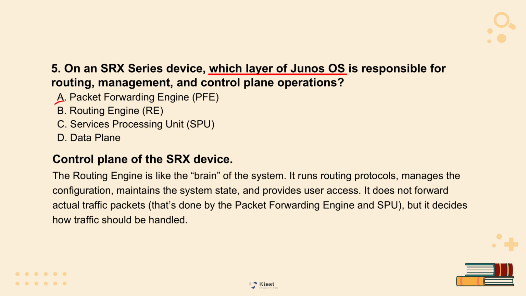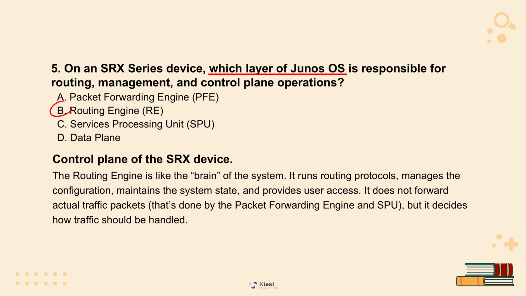Oh, it's absolutely fundamental for a few key reasons. One, performance. Like we said, the PFE and SPU can run flat out without being slowed down by the RE thinking about routing updates or config changes. Two, stability. If, say, a routing process crashes on the RE, the PFE can often keep forwarding traffic based on the last good info it had, minimizing disruption.